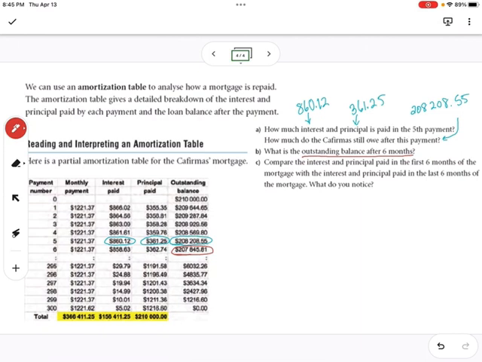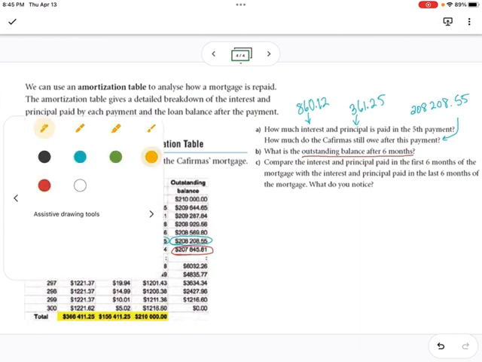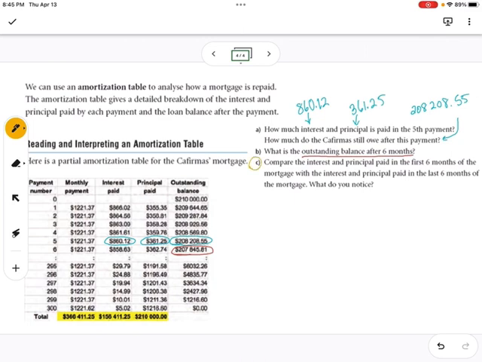Okay, and question C, compare the interest and principal paid in the first 6 months of the mortgage with the interest and principal paid in the last 6 months of the mortgage. What do you notice? So what we see in the first 6 months, the interest is between $850 and $870.